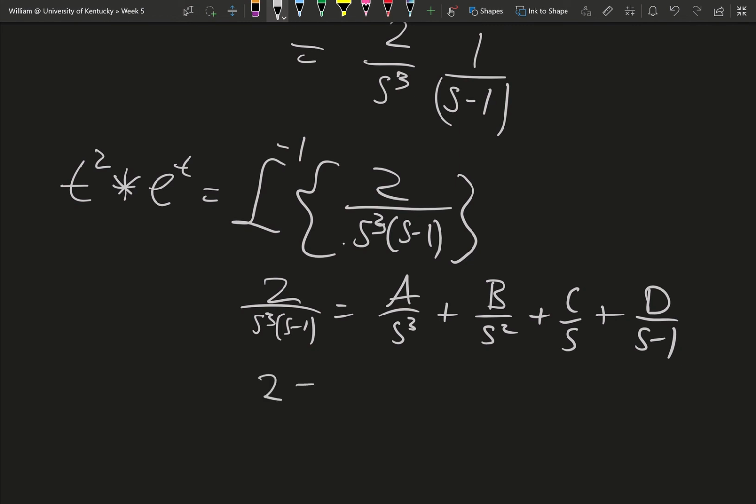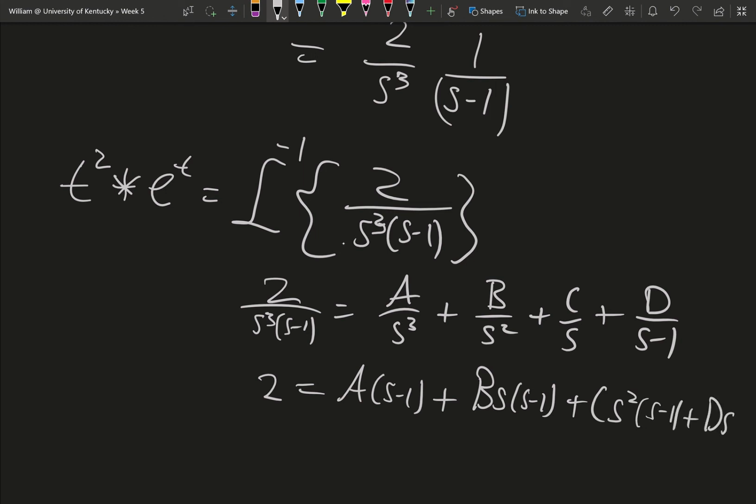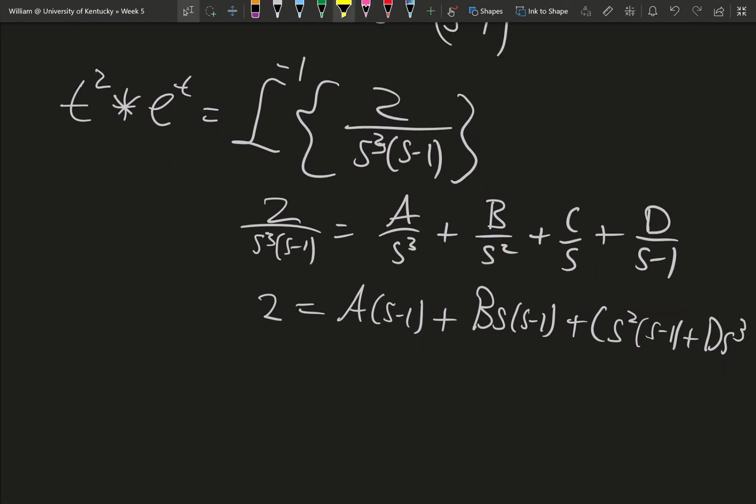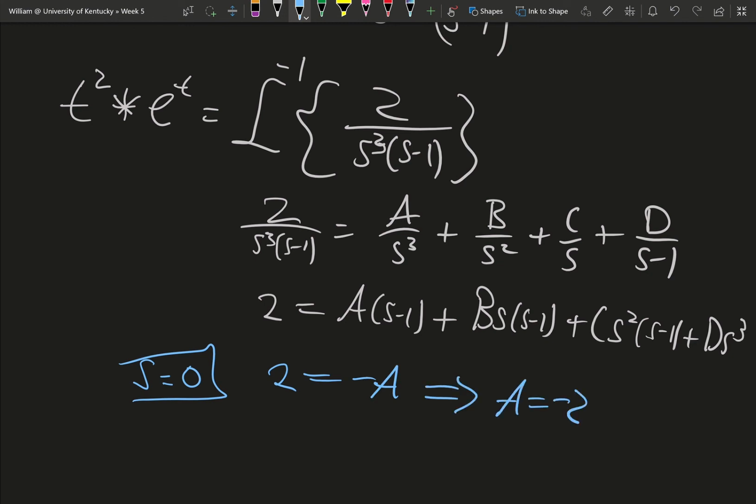So 2 equals a times (s minus 1) plus bs times (s minus 1) plus cs squared times (s minus 1), and then plus ds cubed. So if we plug in s equals, let's say 0, then we get that 2 is equal to negative a. So a is equal to negative 2.